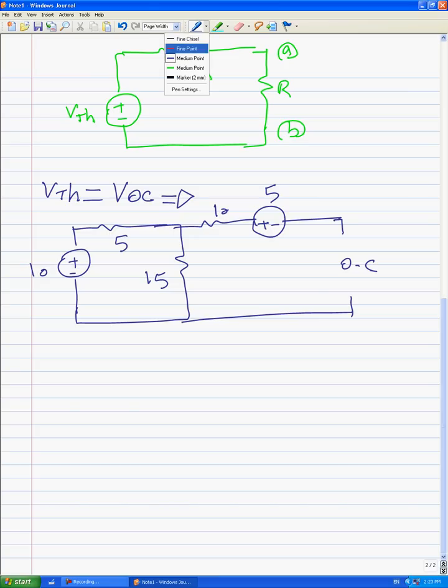Okay, important note. This current should be zero. Why? Because this current is zero.